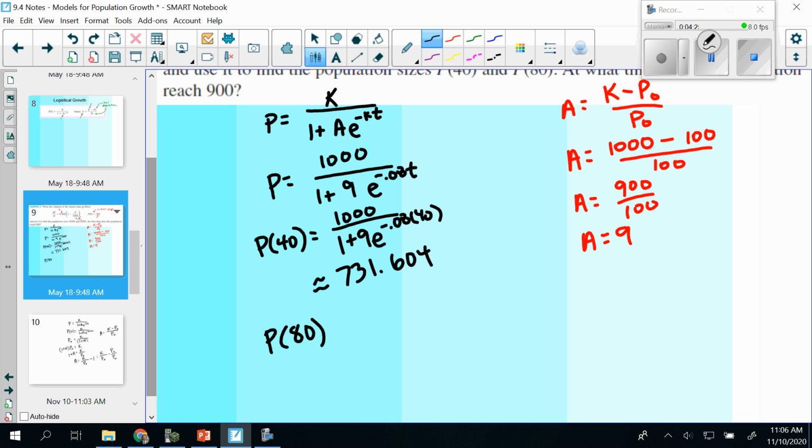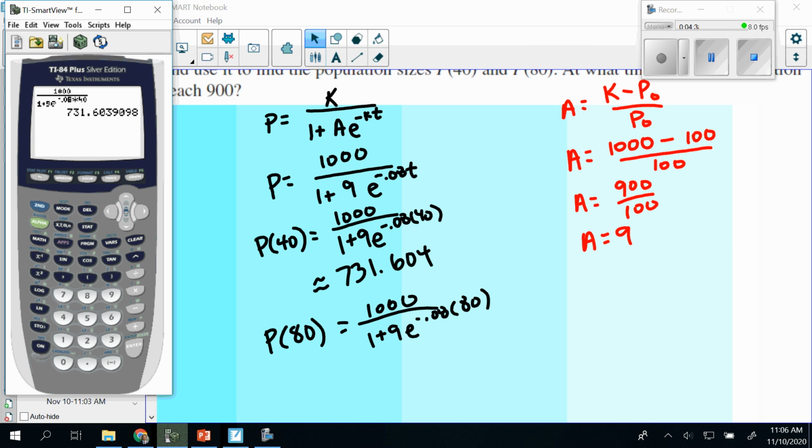The other one they wanted us to find here, what is P at 80? So that would be this same equation, just entering in 80 instead of 40 here and seeing what that would be. An easy way to do that on the calculator, if you've already entered something similar, is if you hit second, enter, it'll put the last entry in there, and then we can just edit this here.